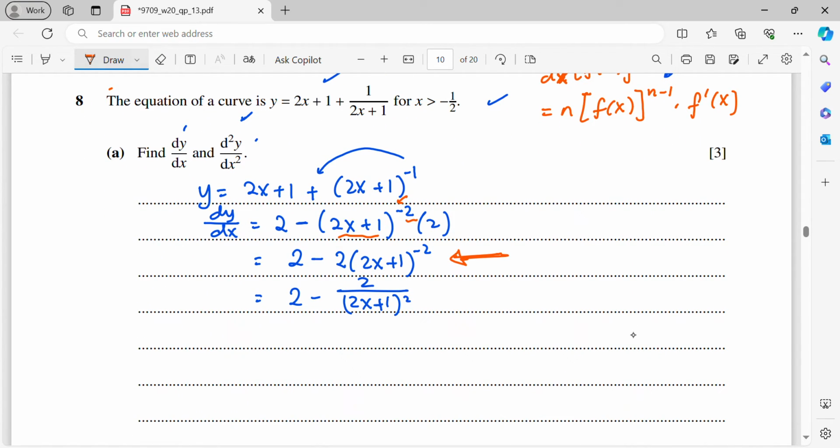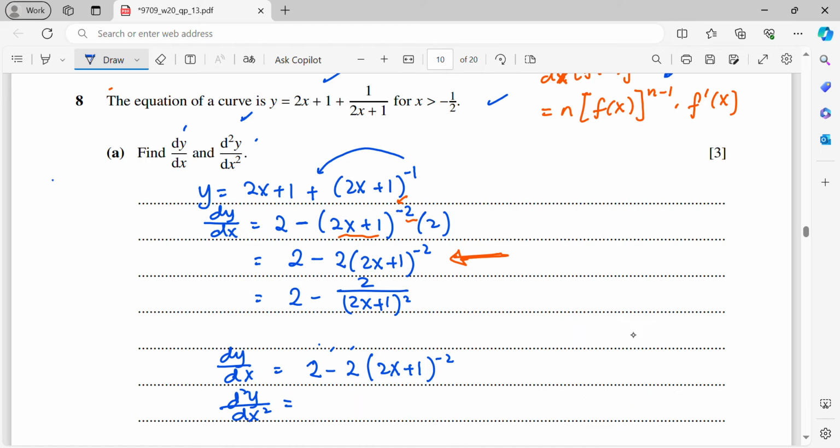So I will rewrite my dy dx is 2 minus 2 bracket 2x plus 1 to the power of negative 2. Now my d squared y over dx squared, first term is a constant, which is 2. So when differentiate constant, it will be 0.